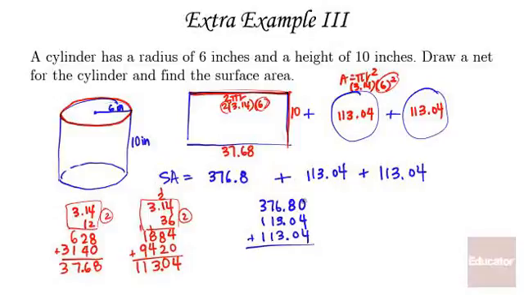So we're going to add this. 4 plus 4 is 8. 8 plus 0 is 8. Point. 6 plus 3 is 9. Plus 3 is 12. 7, 8, 9, 10. 1 there, 0 there. 3, 4, 5, 6.